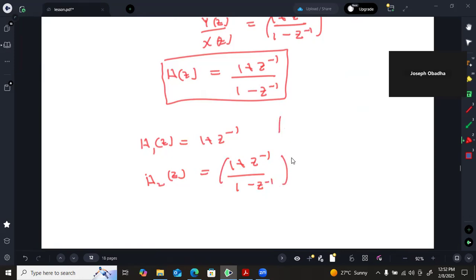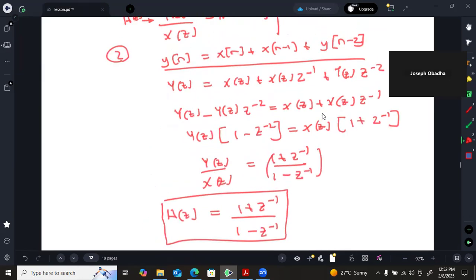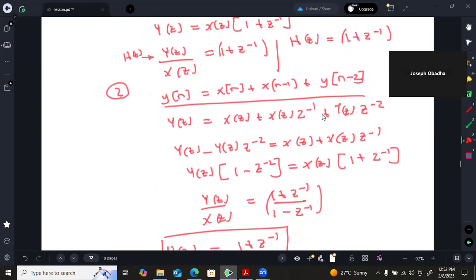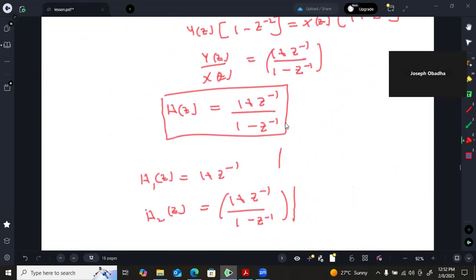And let's also have their corresponding time domain expressions, which we have seen. In the first case, y of n equal to x of n plus x of n minus 1. And here, y of n equal to x of n plus x of n minus 1 plus y of n minus 2.